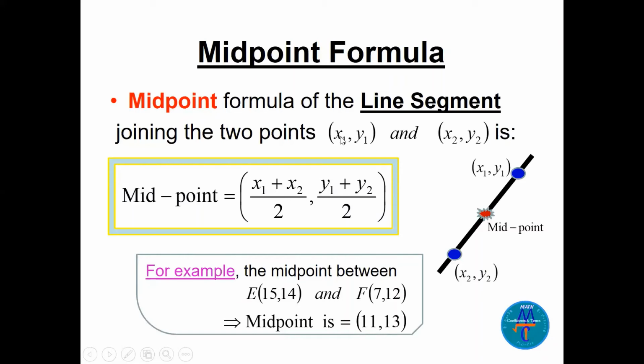So we take (x1 plus x2) over 2, (y1 plus y2) over 2. For example, if we have a point E (15, 14) and point F (7, 12), the midpoint will be (11, 13). You can use this formula. I will show you in the example how to find the answer. So the midpoint formula, the answer should be a point in the middle.